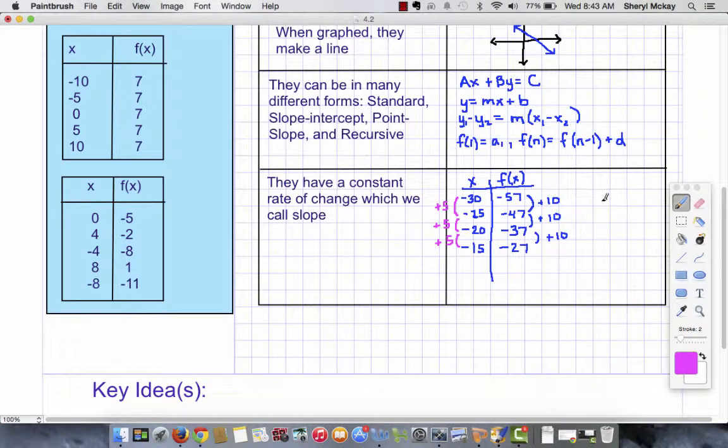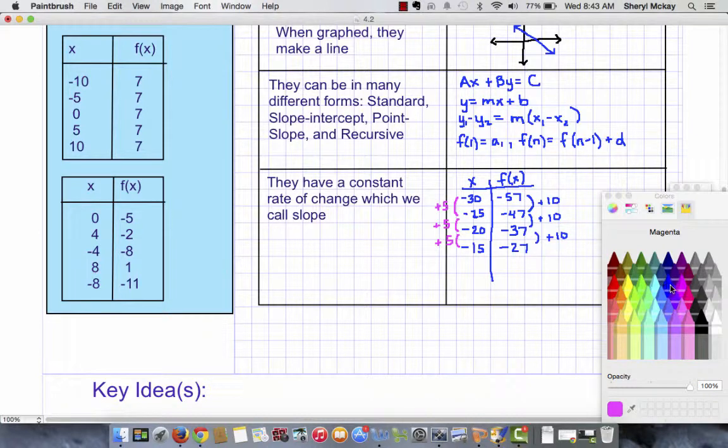So remember, it's the difference over the interval, okay? The difference over the interval.